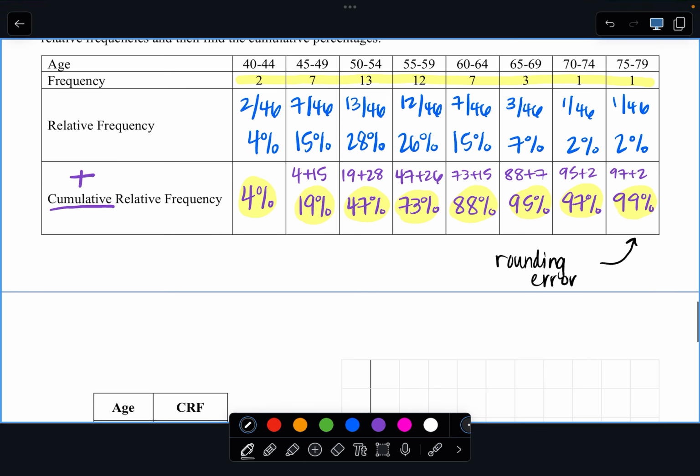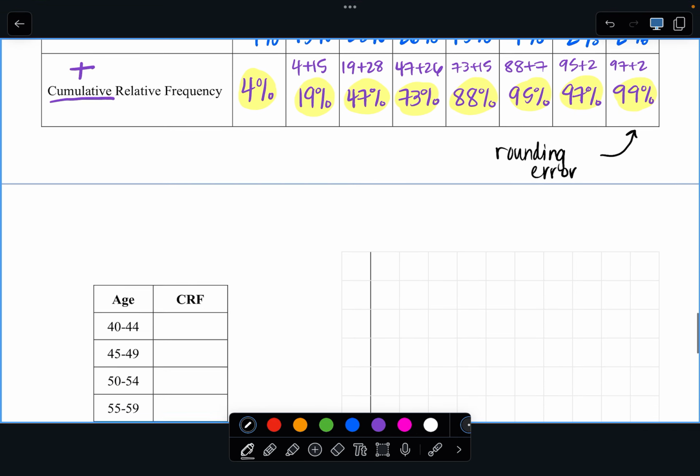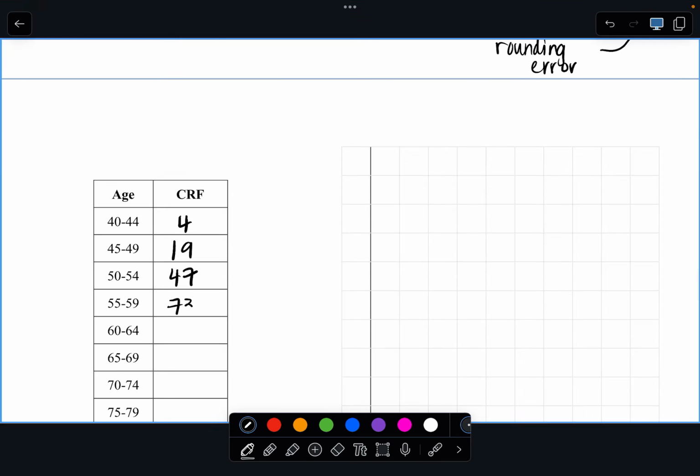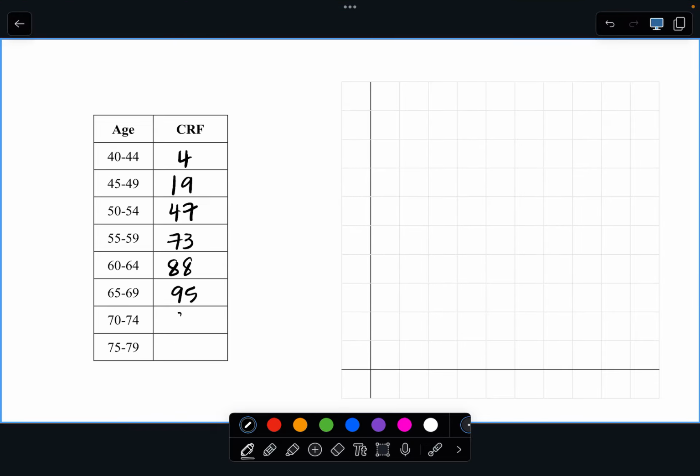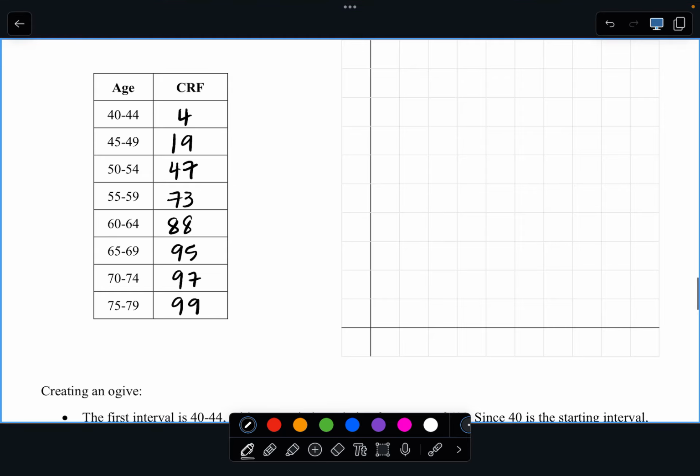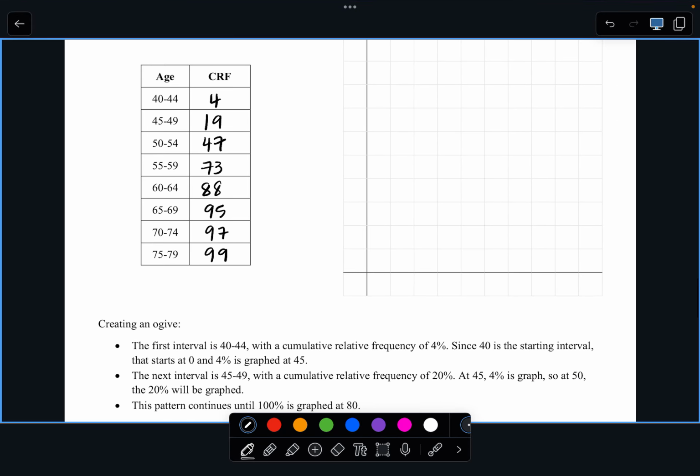So I'm going to just copy this over because I don't want to have to scroll up and down. 4, 19, 47, 73, 88, 95, 97, 99. Okay, the way this is going to work. These are just values I got from the table before. Didn't do any math. I just copied them over. So don't wonder where they came from.